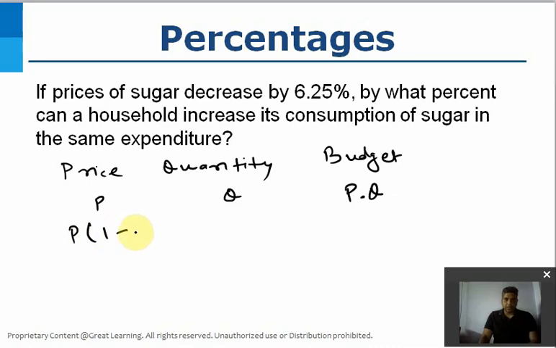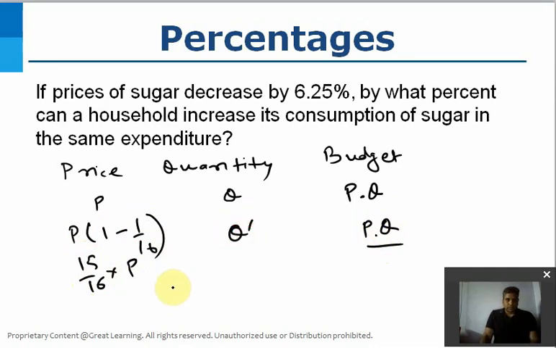So my price of sugar decreases, which means price becomes 1 minus 6.25%. 6.25% is nothing but how much? 1 by 16, right? So this is nothing but 15 by 16 into P. This decreases, and I need to keep the same expenditure. So my expenditure or budget remains P into Q only, and I need to find out Q dash. So 15 by 16 P into Q dash is P into Q, right?